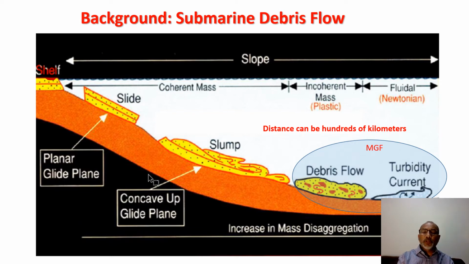Sometimes those slumps can form a thick, dense debris flow, or it can mix with the ambient water, and the density could be low, and this also forms a turbidity current. Typically the debris flow and the turbidity current combined together are called a mass gravity flow. So these are gravity flows that move downslope.